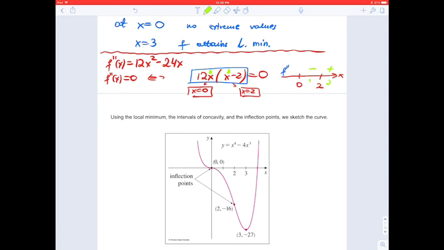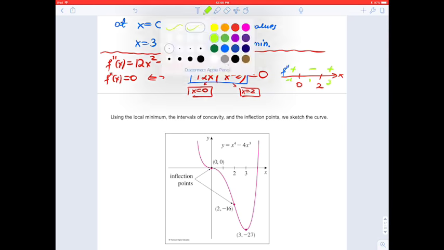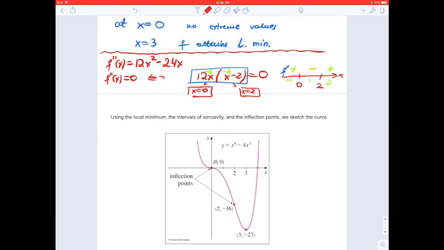If I put 1, negative. And if we put 0? Oh, not 0. I have to put a test value which is in the interval, not including 0. If I put negative 1, I have negative times negative, positive, because I know that is an inflection point.